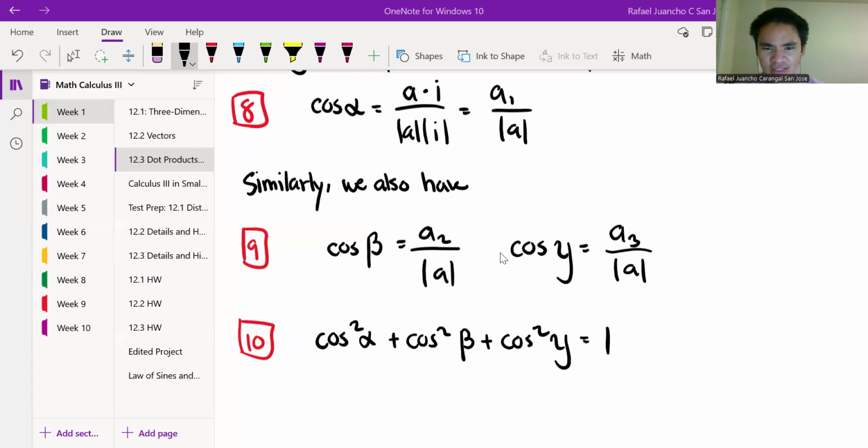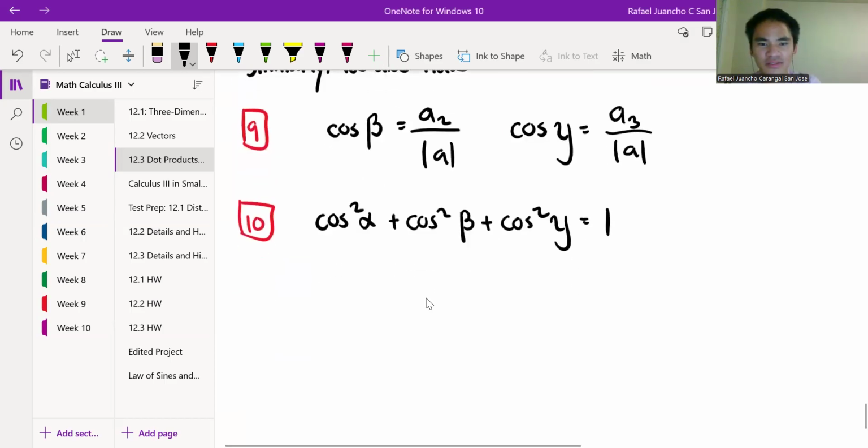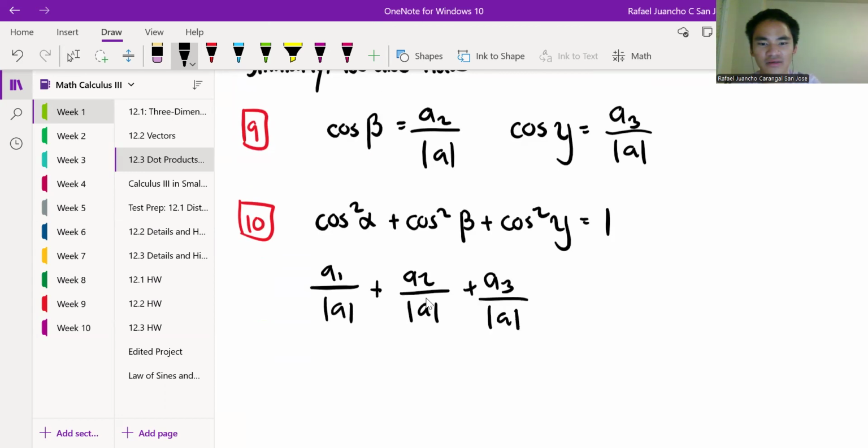And for equations 8 and 9, okay, that's interesting. Why is that actually? Yeah, so we have this A2, A3. And let's say we square each of them, right?